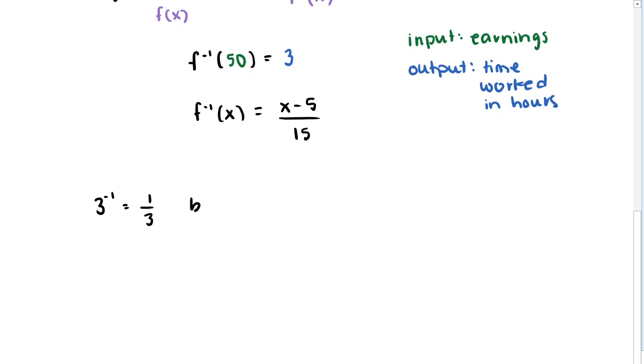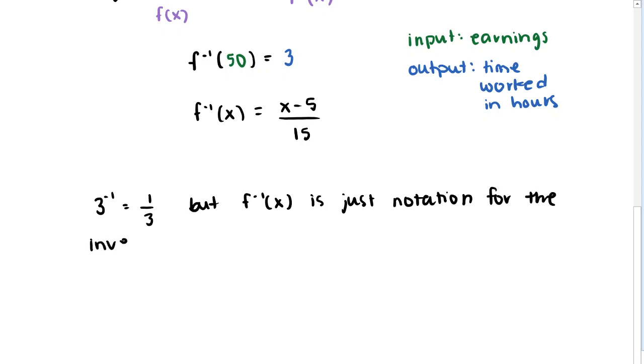But here, when we write something like f inverse of x, this is just notation or a name for the inverse function to f. This is not 1 over f of x.